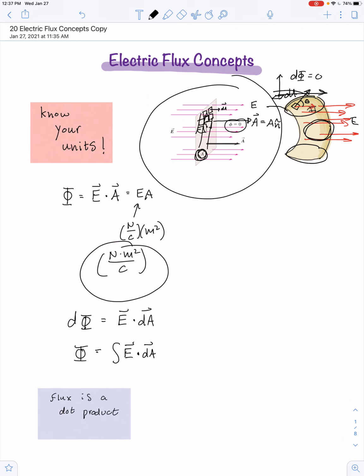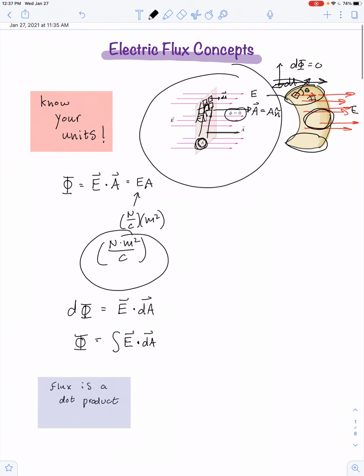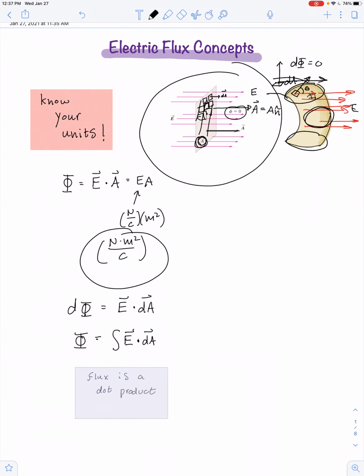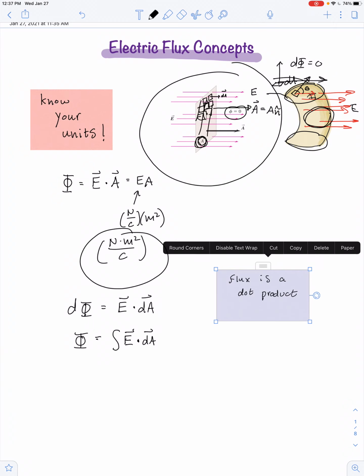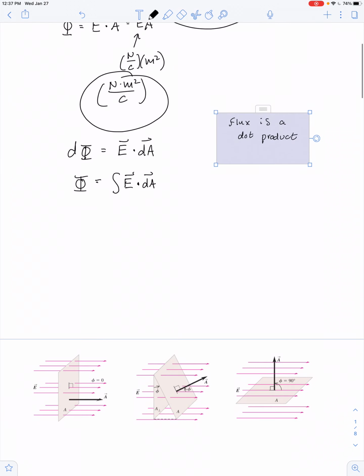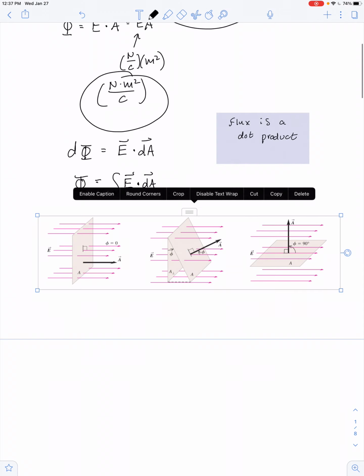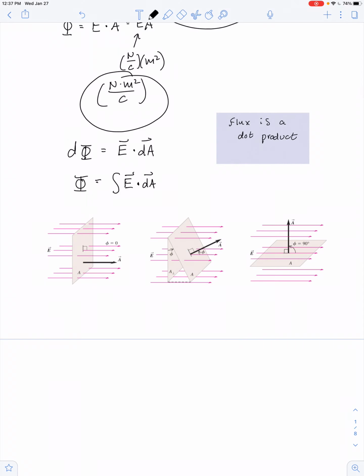Okay, so that brings us to the next concept about electric flux, and that is that flux is a dot product. You can see that with this example. In case number 1, the flux would be equal to just the magnitude of the electric field times the total area. In case number 3, the electric flux would be equal to 0.